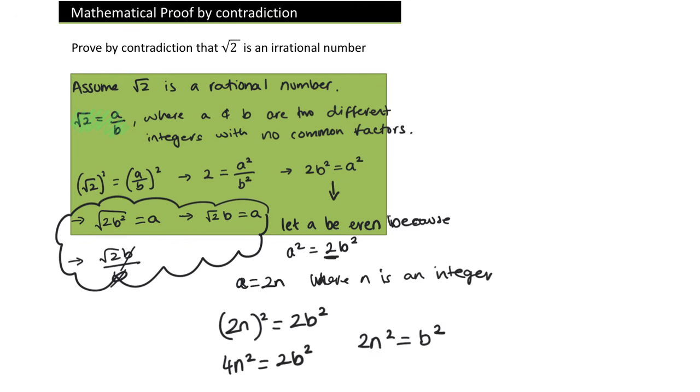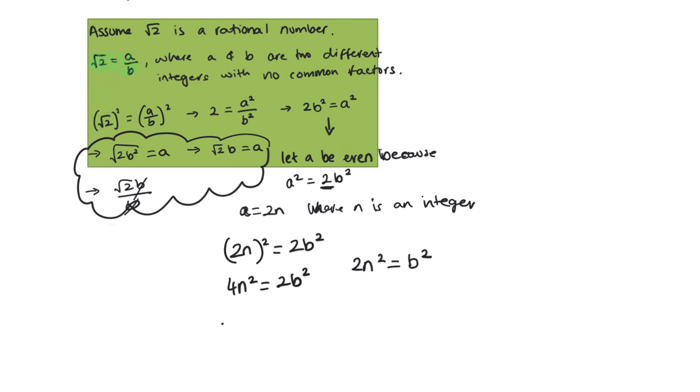So what does that mean? Well, that means that b squared is also even. Does it not? Yeah. So b squared is also even. Therefore, b is also even. Okay? What do we know?